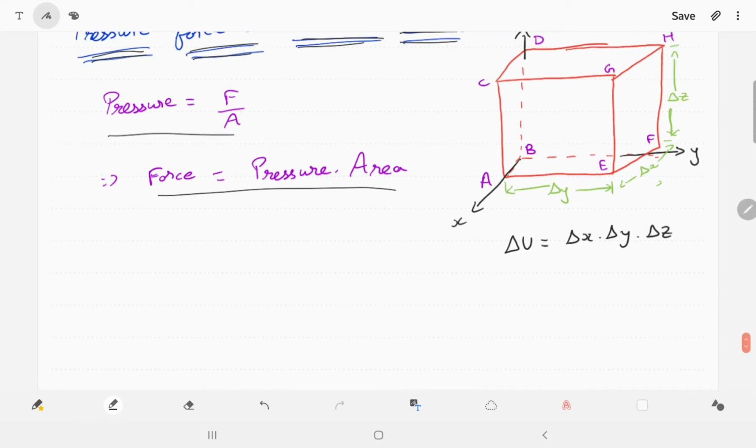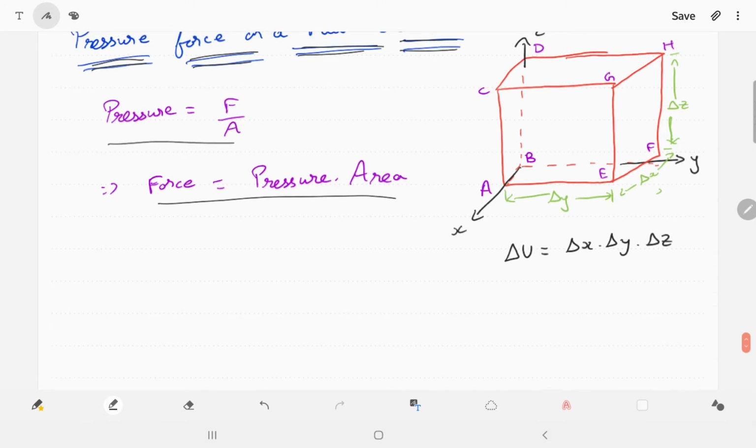Now consider face ABCD. On this face, as it's in the y direction, the pressure acting is P of y into area.